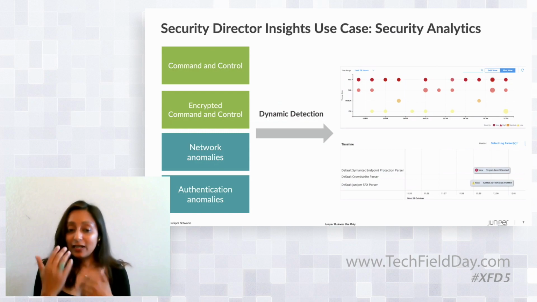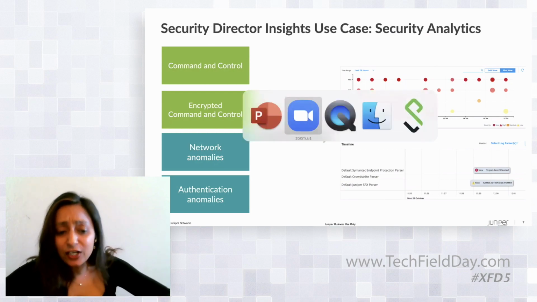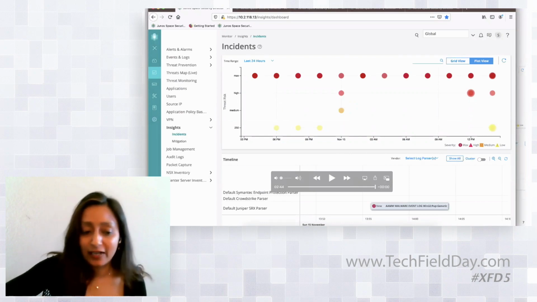So detection of anomalies and building that bigger picture story is part of the analytics use case that we see. With that, I do want to quickly go into a demo.